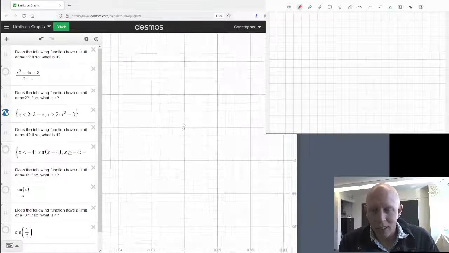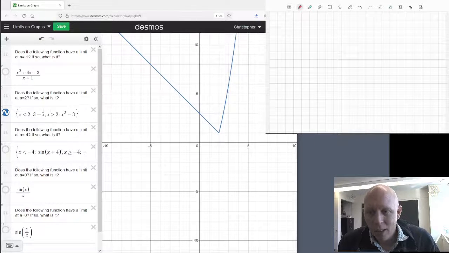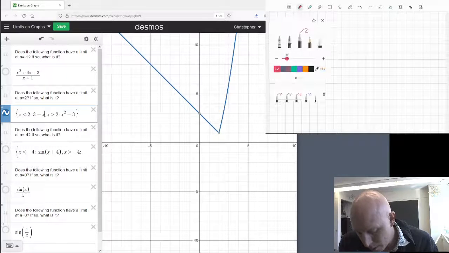Let's look at this function now. So let's zoom back out. Click this button. If you look at this function, this is how in Desmos you can define a piecewise defined function. I think it's probably good for us to write down the definition.